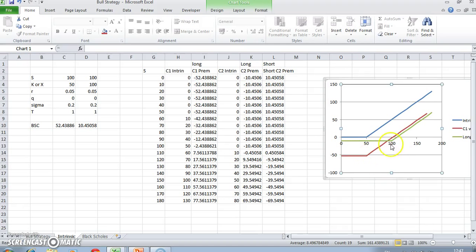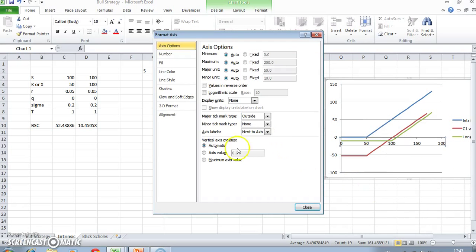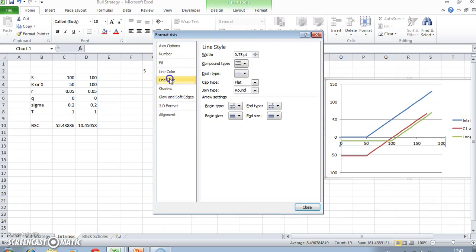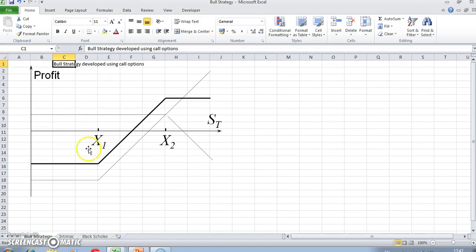Okay, so we have C1 and we have C2, and format that, and line style, it's fine. But this is not what we have here.